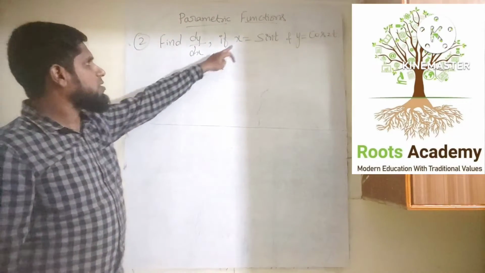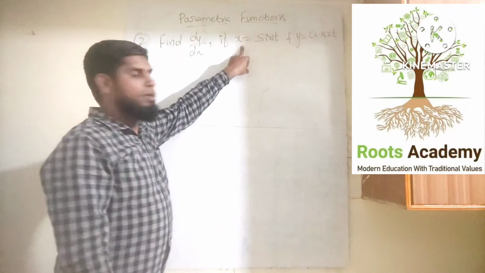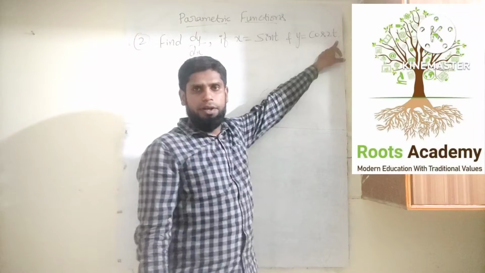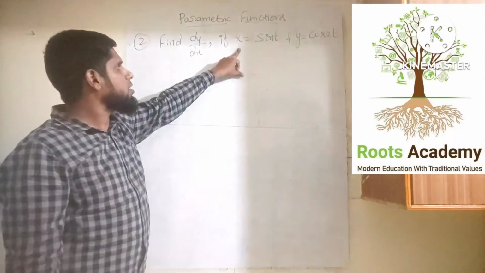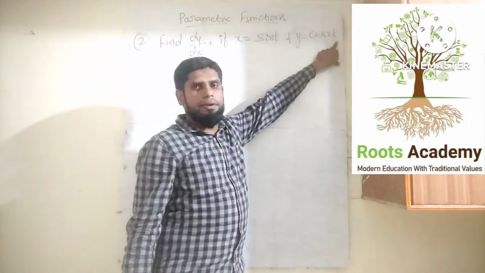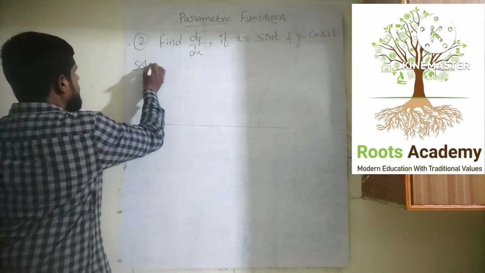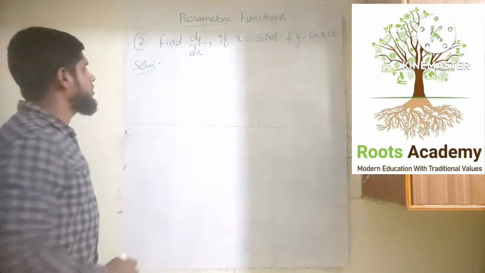Here again two functions are given. One is x, which is sin t, and another is y, which is cos 2t. In these two functions, t is the parameter. So let us start differentiating them one by one.